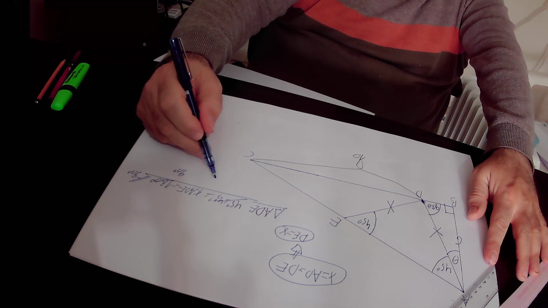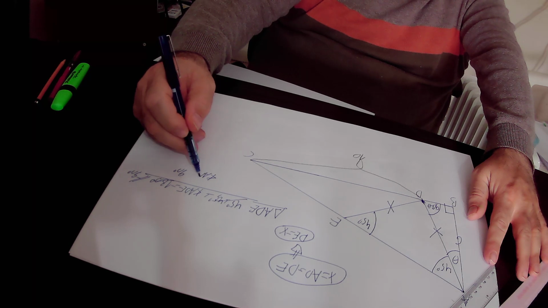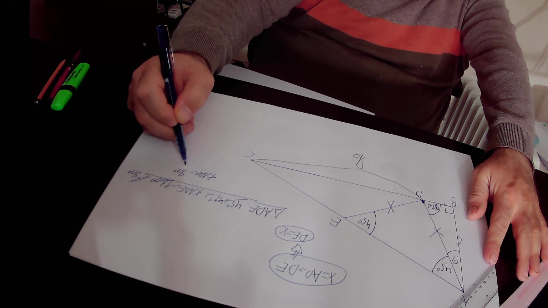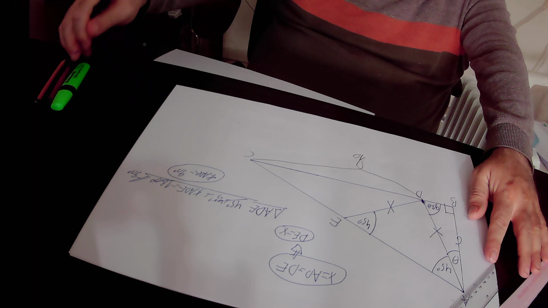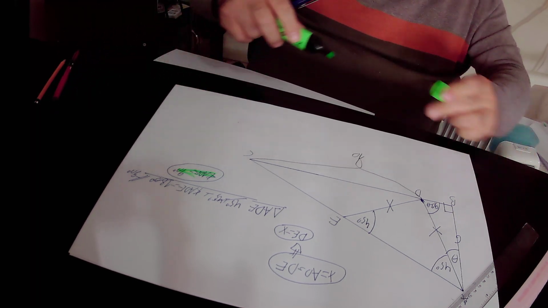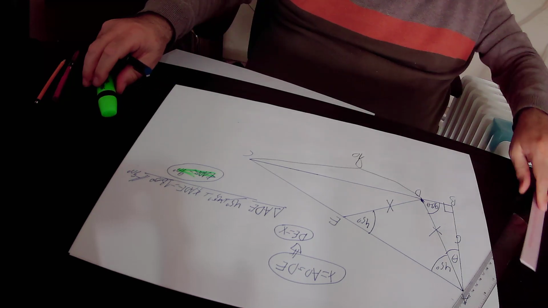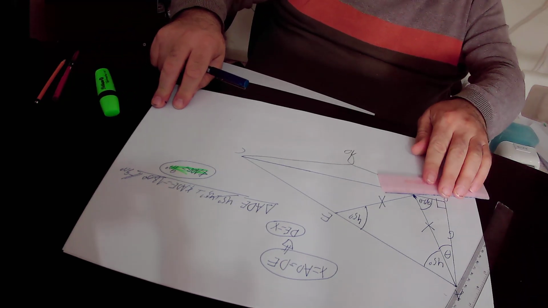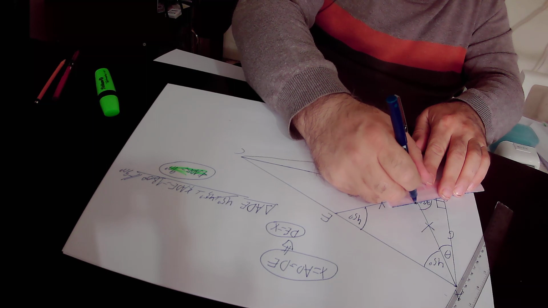So we found that the missing angle ADE equals 90 degrees. Angle ADE is a right angle.